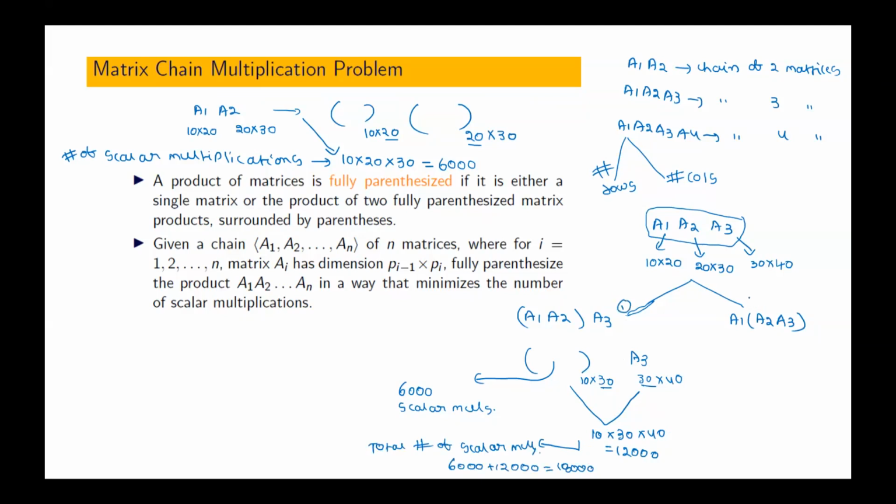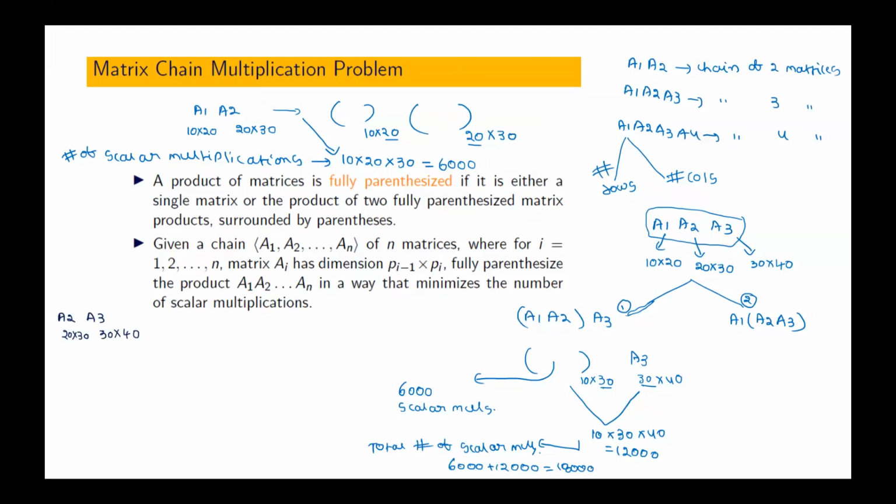This is the other way of doing it. In this case, how many scalar multiplications are required? If we want to calculate A2, A3, which are 20 by 30 and 30 by 40, how many scalar multiplications are required?